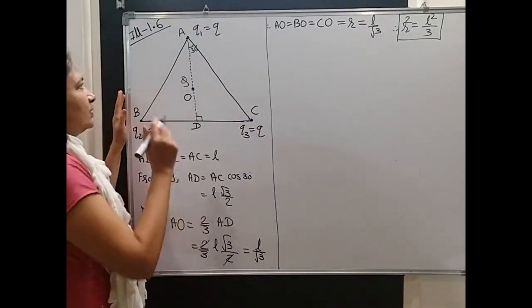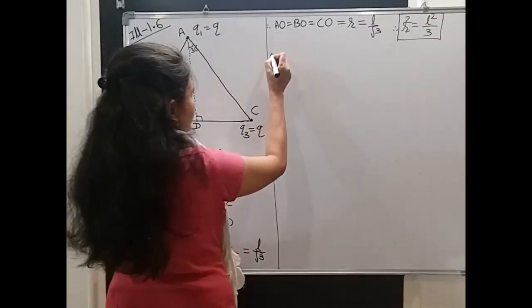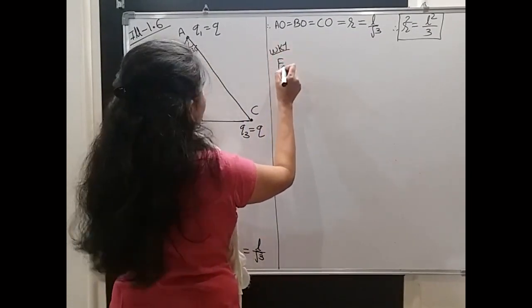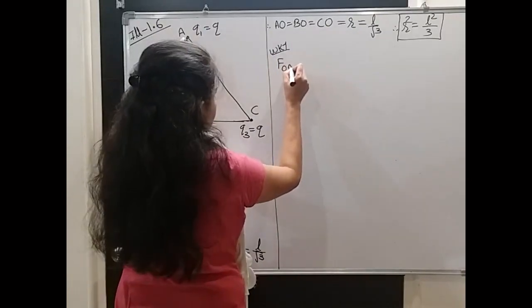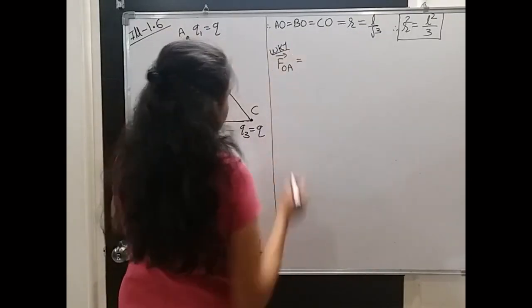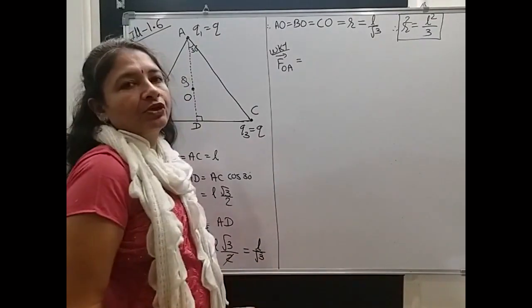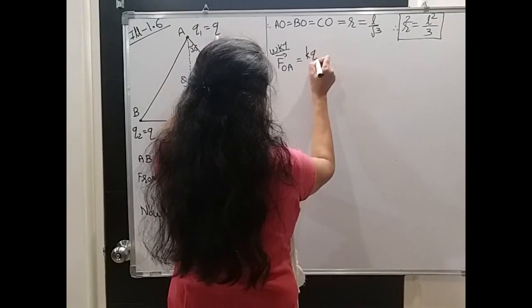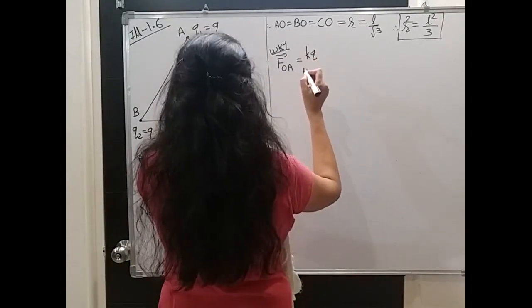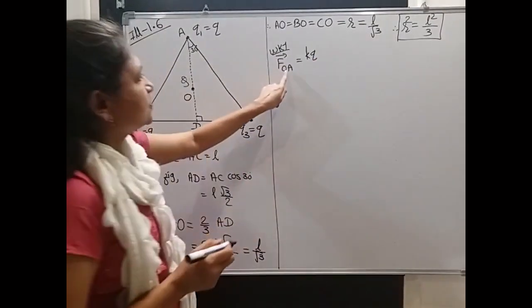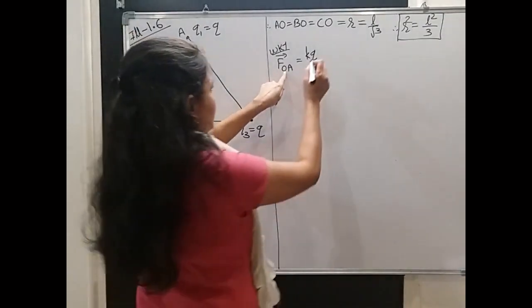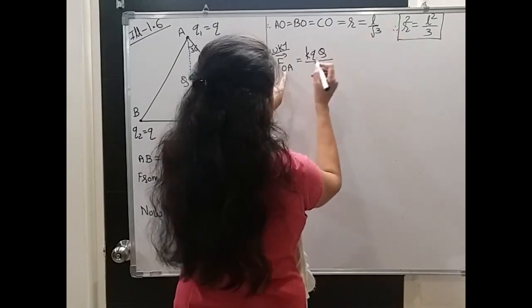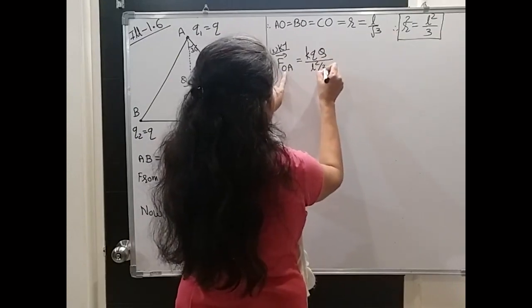Now let us calculate forces. We know that the force on O by A, I will write F_OA. What will be the magnitude? K q1 q2 upon r square. So K, q1 is q, q2, the charge at O, is Q, upon r square. r square is L square by 3.